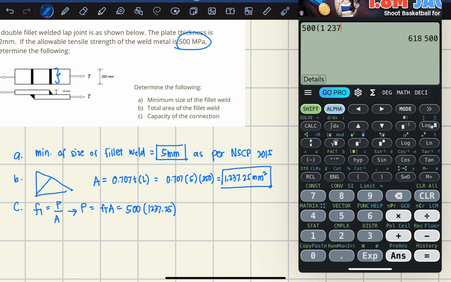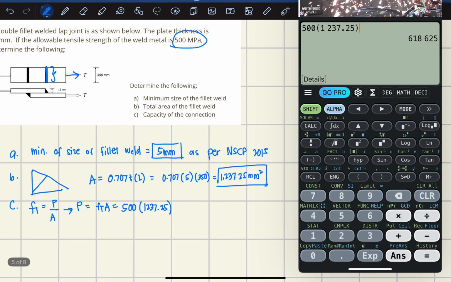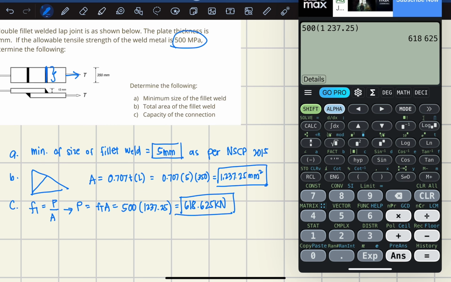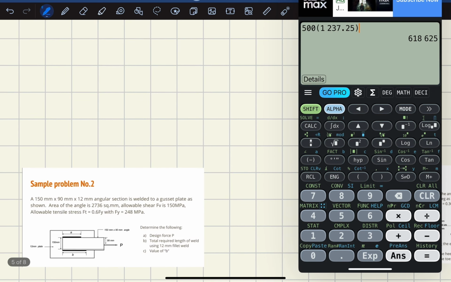This is subjected to tension because the fillet weld is perpendicular, so the tributary area is perpendicular. So it equals 618.625 kilonewton. Next problem.